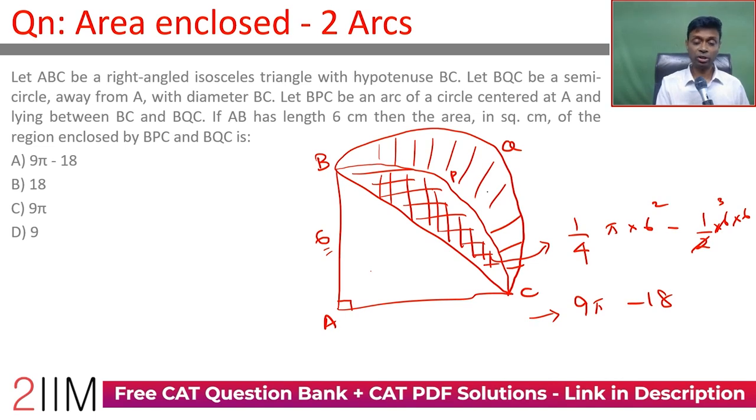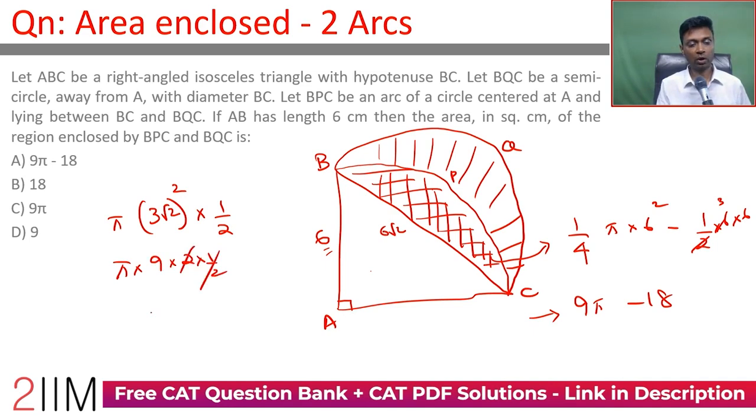Semicircle BQC has BC measuring 6 root 2. So radius of that semicircle is 3 root 2. Area is pi into 3 root 2 whole square into 1/2, which is pi into 9 into 2 into 1/2, or 9 pi.